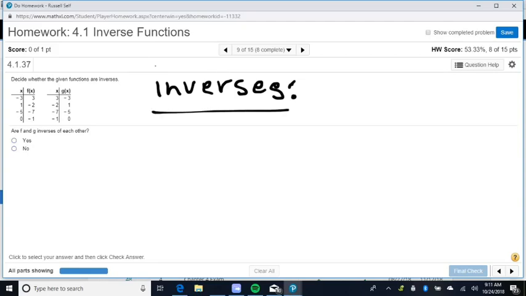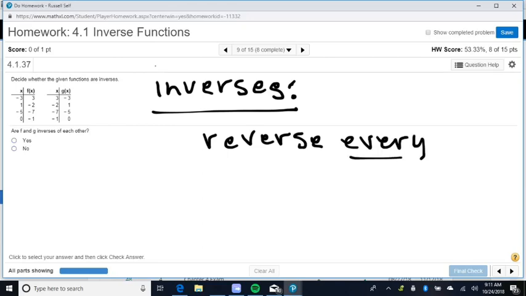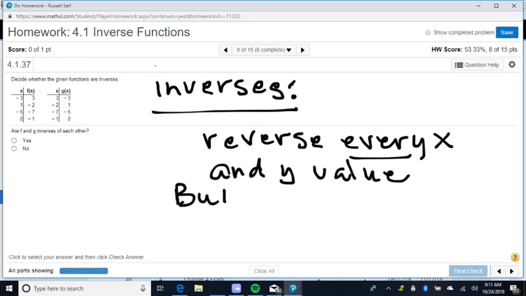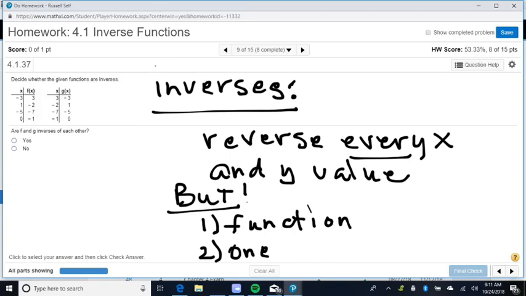All you need to do to find the inverse is simply reverse every x and y value. But it must be a function. Sometimes they'll mess with you there. And it must be a one-to-one function.